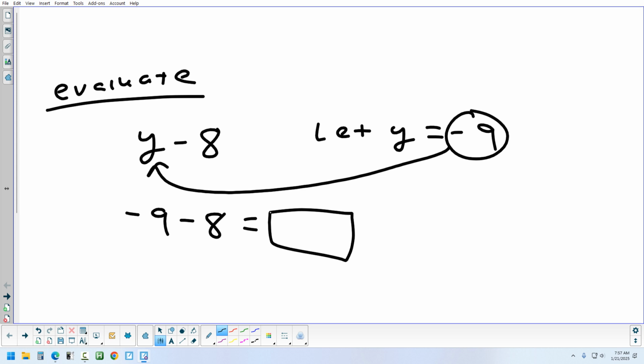And then we just need to figure out what that comes out to. So how about Gigi? What's -9 take away 8? -17. Yeah. If you have a negative number and you subtract something from it, it's going to get even more negative. So -17. That's it.